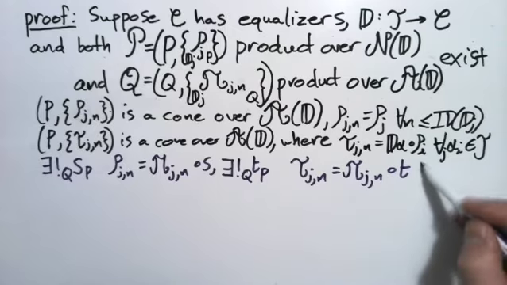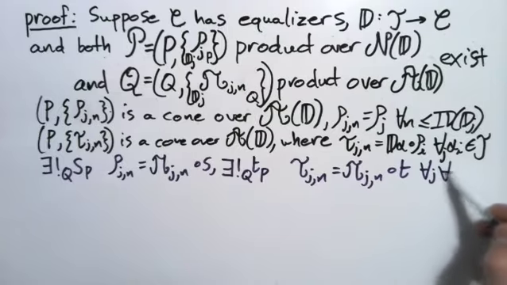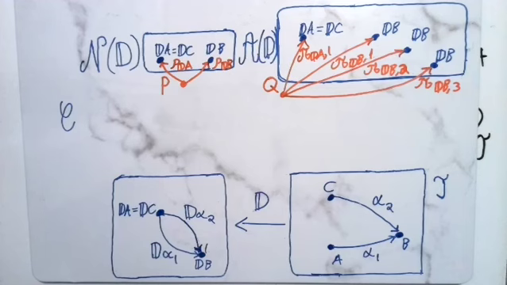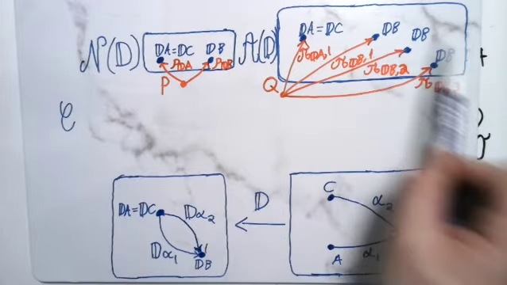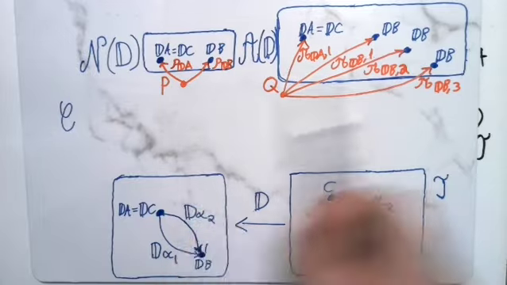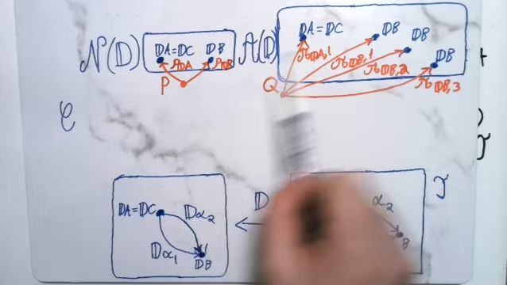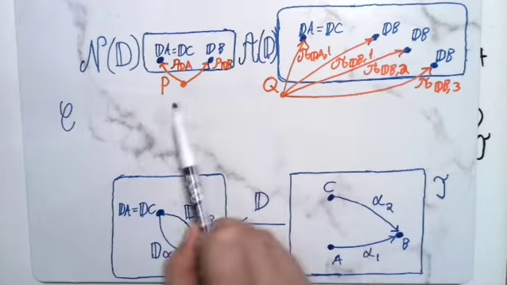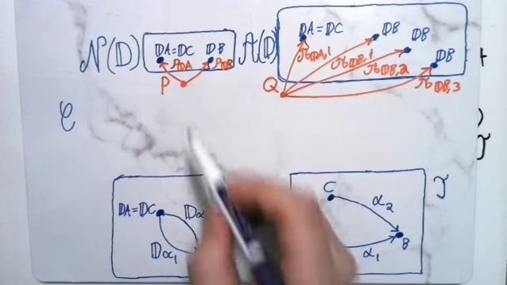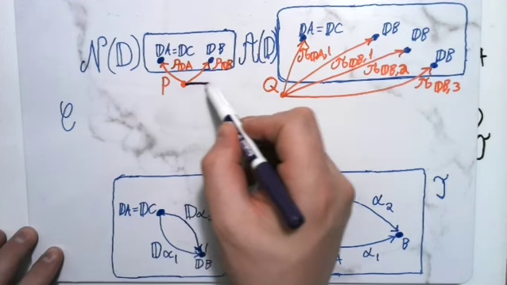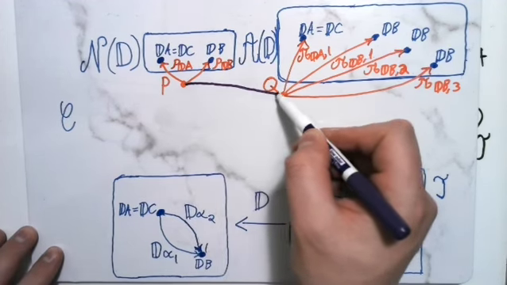So we'll add for all j and for all n here. So to add this to our diagram, we found two cones, both over AD coming from P. So one leg for each of these connections here. And so if that's the case, we must have two mediating morphisms.